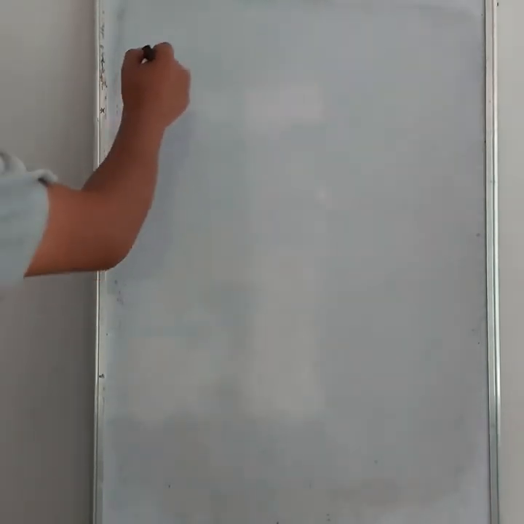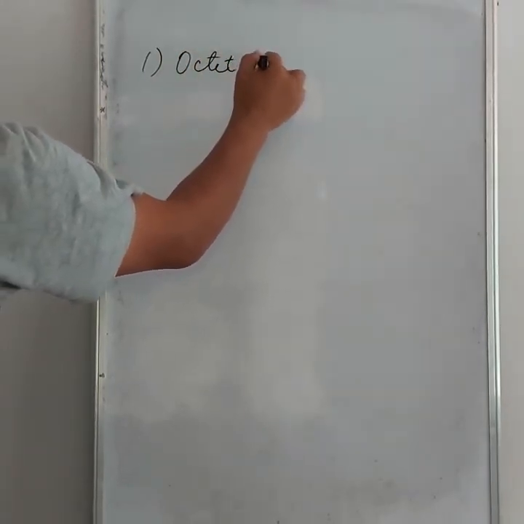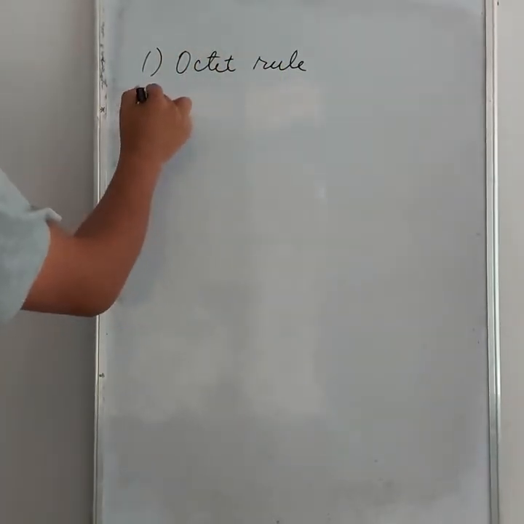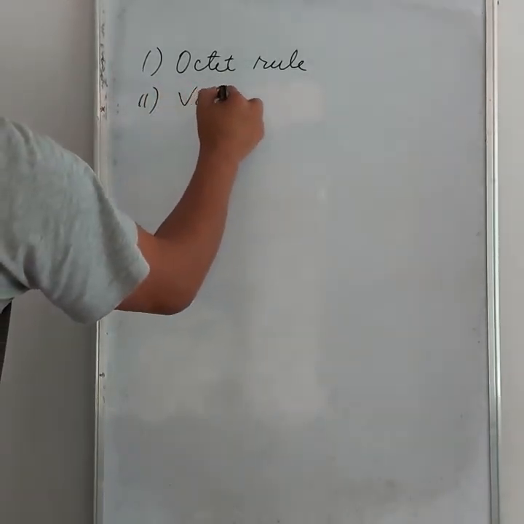Okay, now to describe chemical bonds, there are different theories. First one is the octet rule. The second one is the valence bond theory.